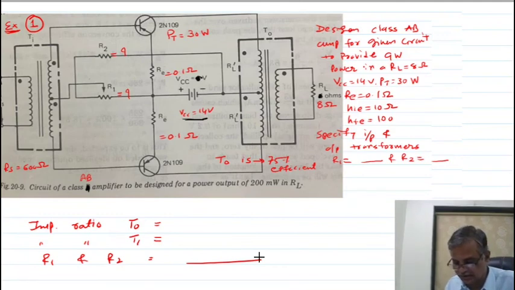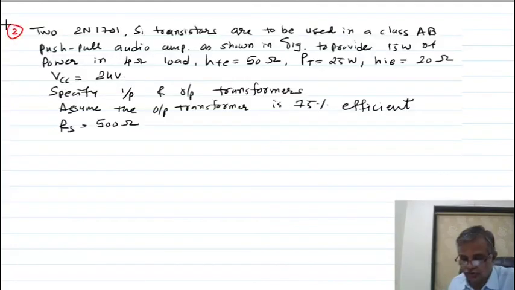This is one numerical I am putting. The second numerical I am putting for your true and false quiz. Generally I am putting a true and false quiz. So I will put this numerical on the Moodle platform. I will give you nearly 20 minutes to solve both the numerical.